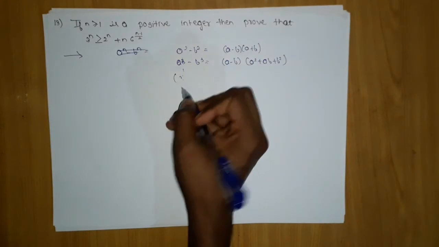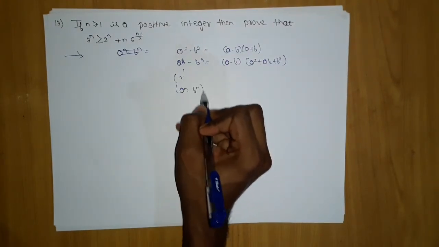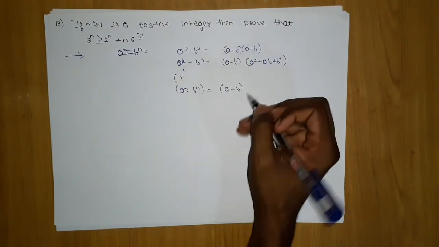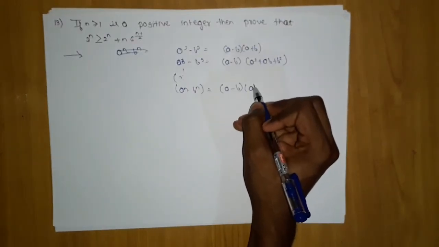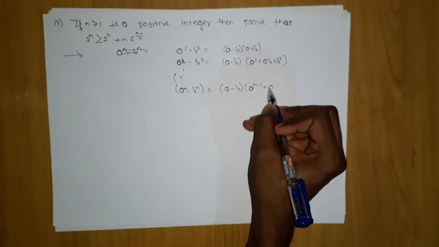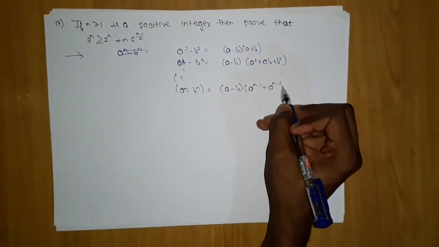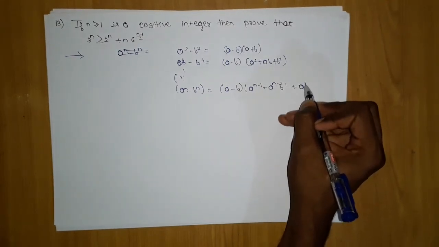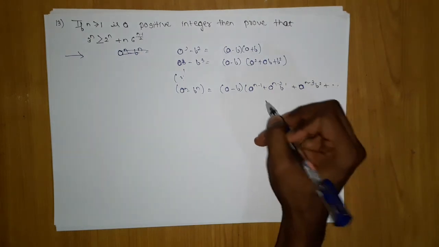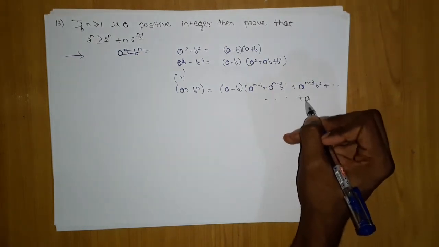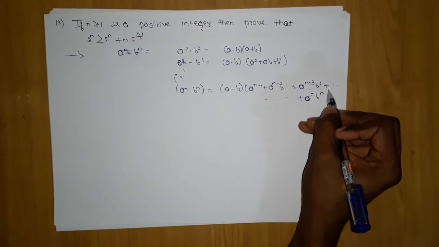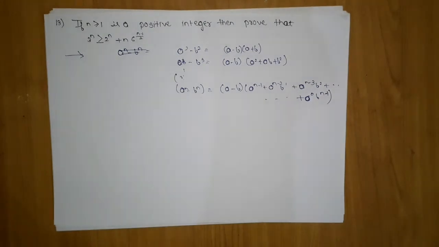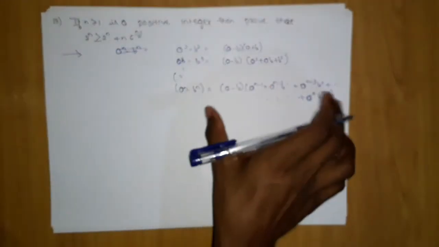Now if I go and tell you a power n minus b power n, you will say this is a minus b, a minus b will be for sure, times a power n minus 1 plus, this power will keep on decreasing, and this will keep on increasing, a power n minus 2 b, a power n minus 3 b power 2, and so on. It will go on till a power becomes 0 and b power becomes n minus 1. So this is the final result.